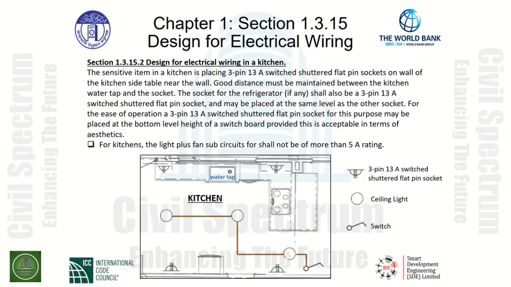We also have 3-pin 13-amp switched shutter flat pin sockets located around the kitchen. And we also have the water tap identified on this drawing, and we keep the 3-pin 13-amp socket far enough away from the water tap for safety.